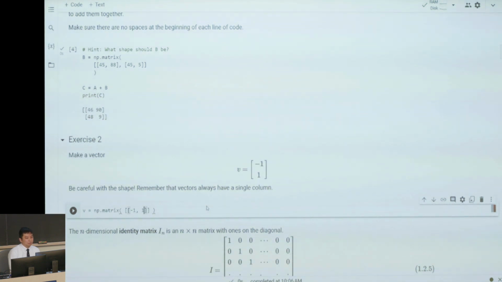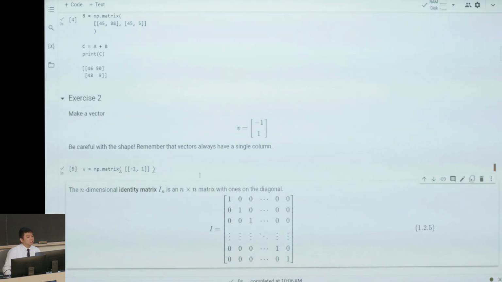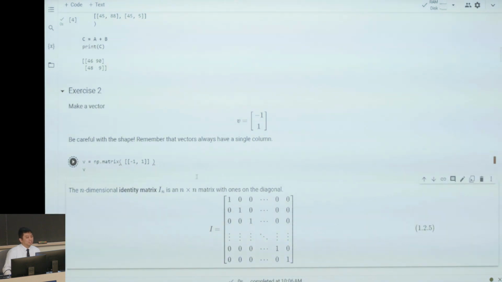So can anyone tell me why this is wrong if I write it like this?